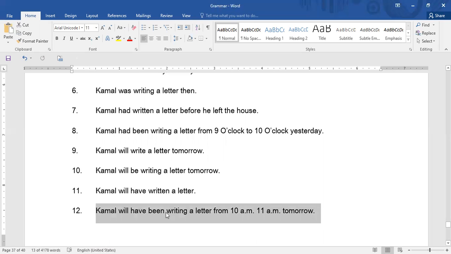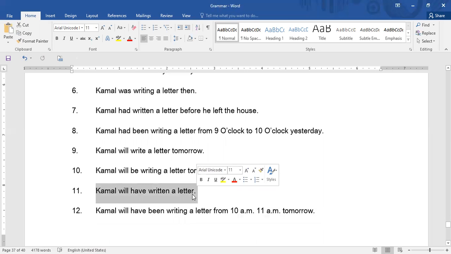The future perfect continuous also we can change. So here only the tense future perfect active. Kamal will have written a letter. Adarsana, can you change? A letter will have written by Kamal. No, that's active voice.